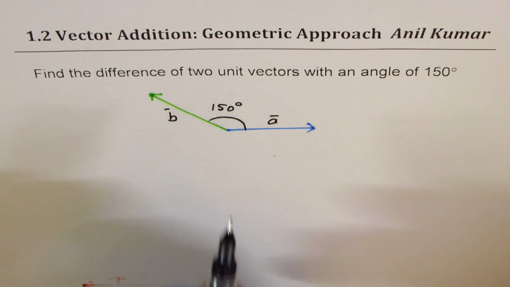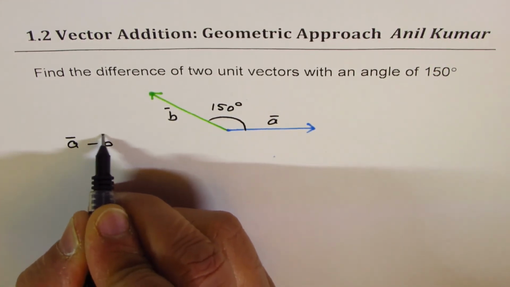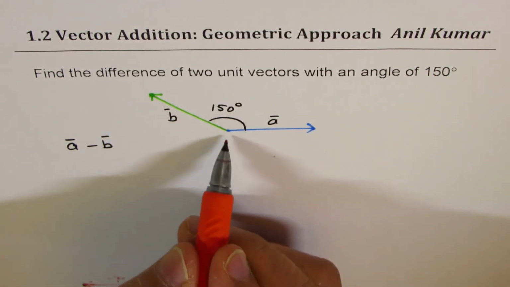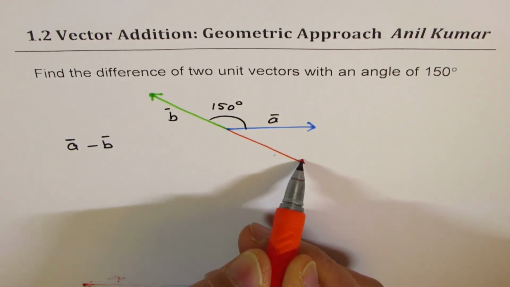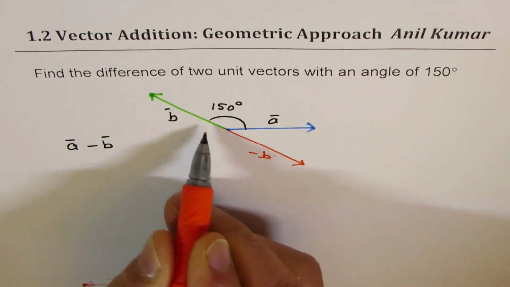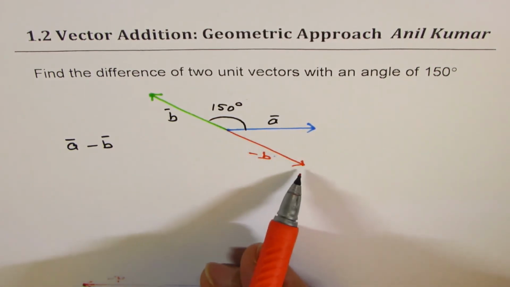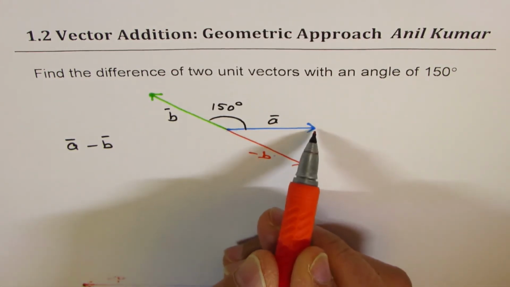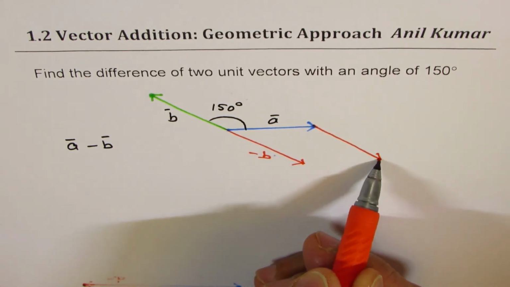You need to find difference of two vectors. That means you have to find what is A minus B equal to. So the steps should be, we know that is B, so minus B will be in the opposite direction, right? So that becomes minus B. Is it okay? So we have to find A minus B, so that will be our drawing. We could place this vector with tail on the head. So if you do that, you get that as your vector.